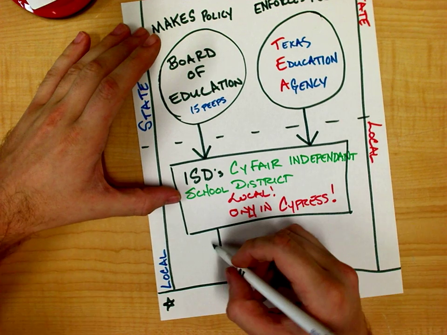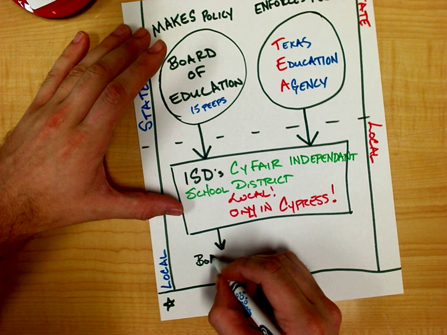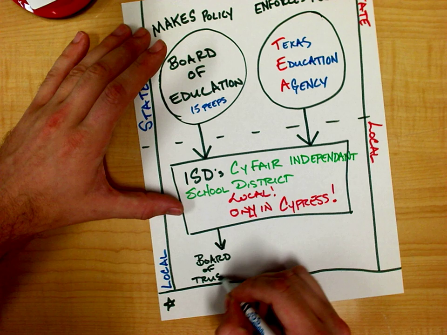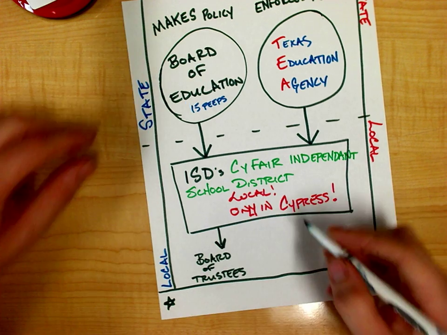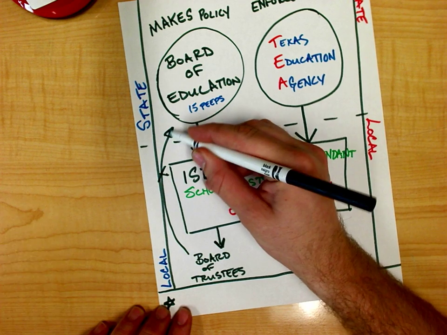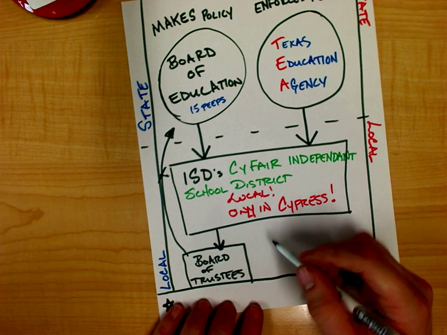So the ISDs, for instance, Sci-Fair, has a board of trustees. Not to be confused with the Board of Education. Don't want to do that. So the Board of Trustees, these are the guys who decide a lot of different things.